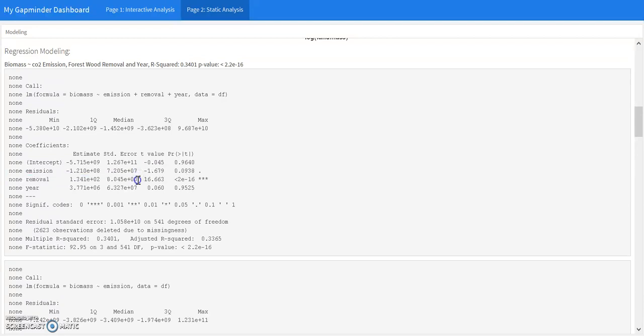When we're looking at removal, as this is fairly high, but not exceptionally high, we can see that they're fairly accurate predictions that fit the current status of our model. And it should be pretty reliable. For the year, this is incredibly high, meaning that we can predict with precision using this model.